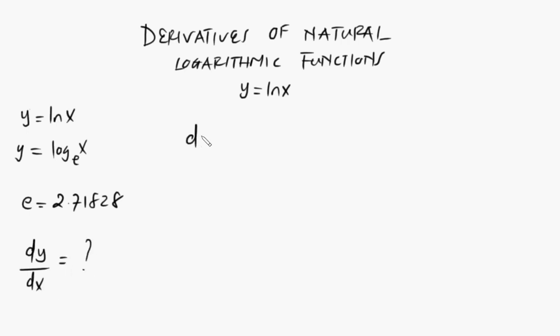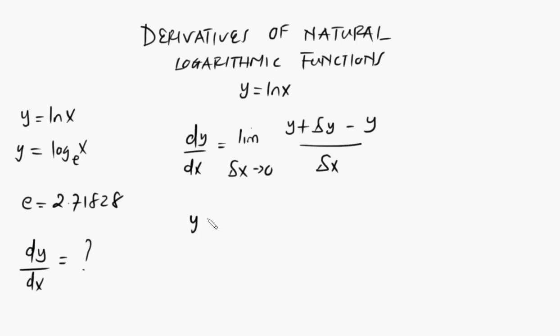So from first principle, I know that dy/dx is just equal to the limiting value as delta x approaches 0 of (y plus delta y minus y) over delta x. So y plus delta y, kwamba kukiwa na incremental change in y, bila shaka imetokana na incremental change in x.